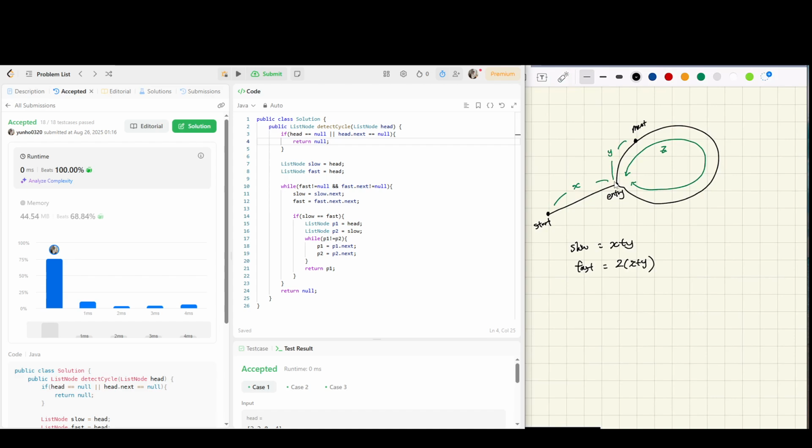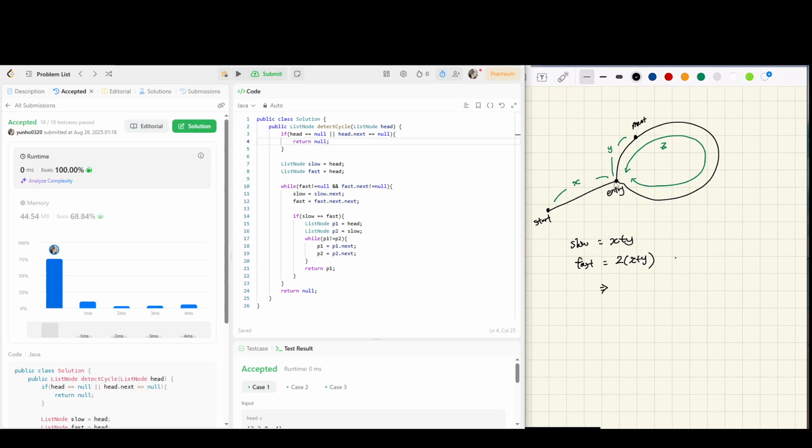But another way of looking at the distance of fast is that fast moved x plus y and then did some number of full cycles. So to write that down, fast moved 2x plus 2y.